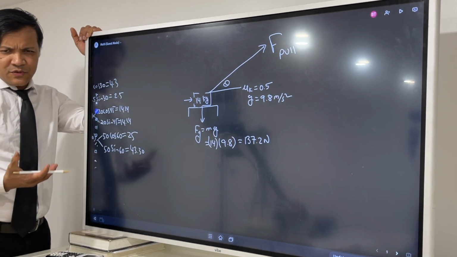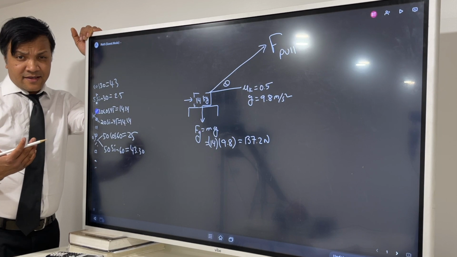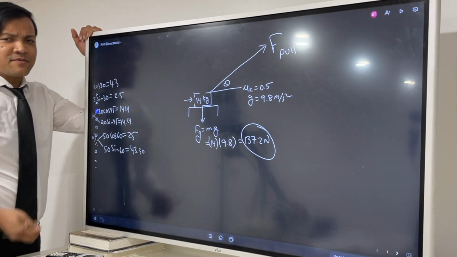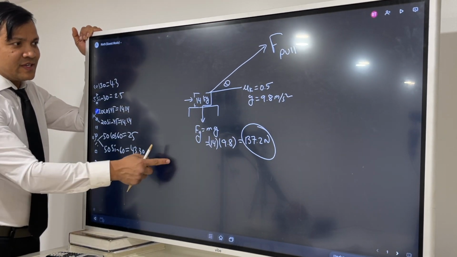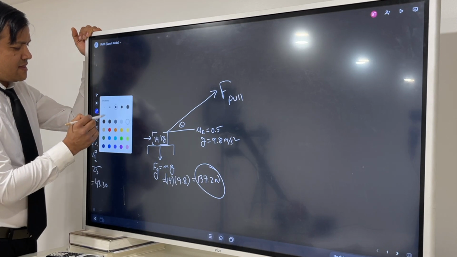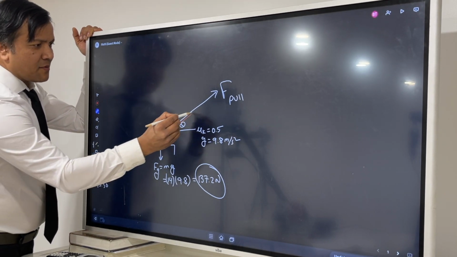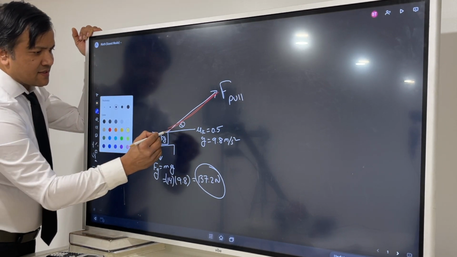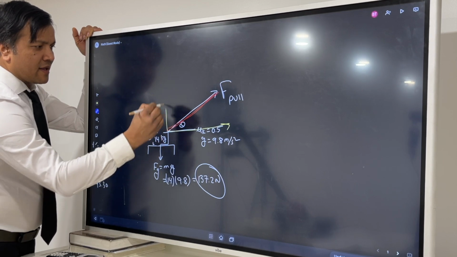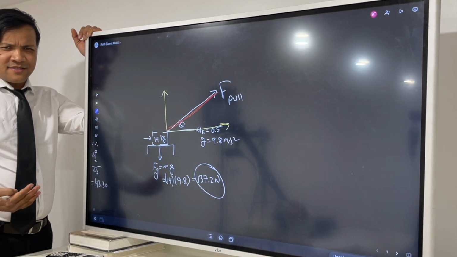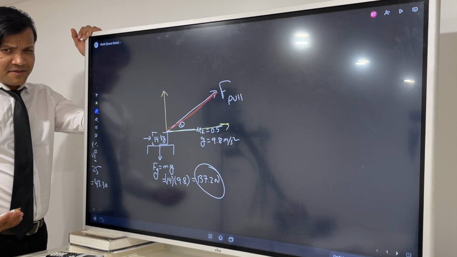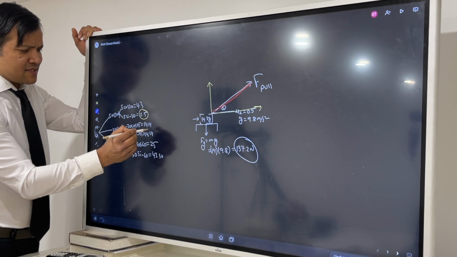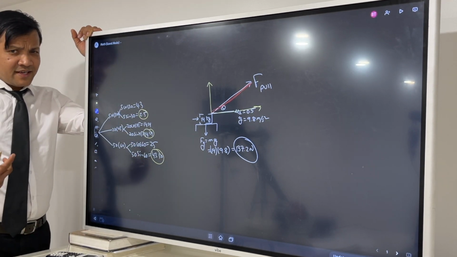Now next thing we're going to do, we're going to find the normal force, and normal force is definitely not going to be 137, because there is an upward force. What does that mean? That means this one has two components, the x component and the y component. The y component helps the table. Okay, you get it? So this is the y component, this is the y component, this is the y component that helps the table.